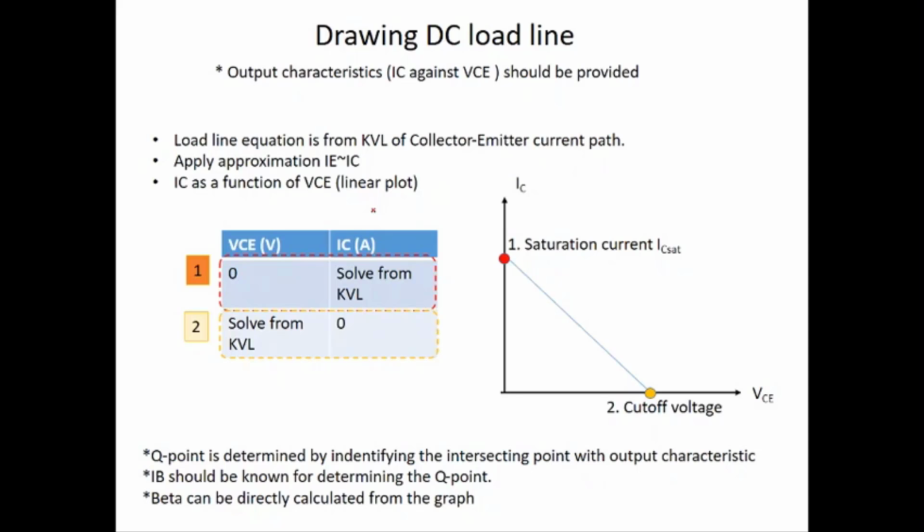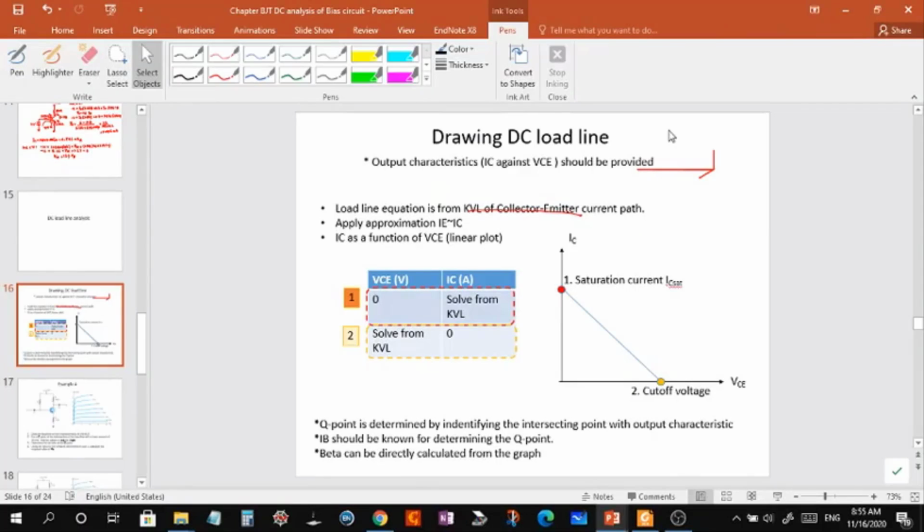The load line of the BJT is generated from the KVL of the collector-emitter current path.